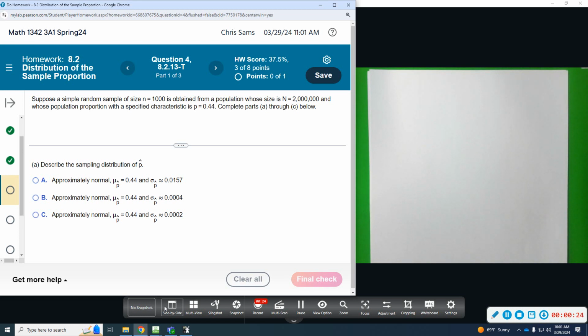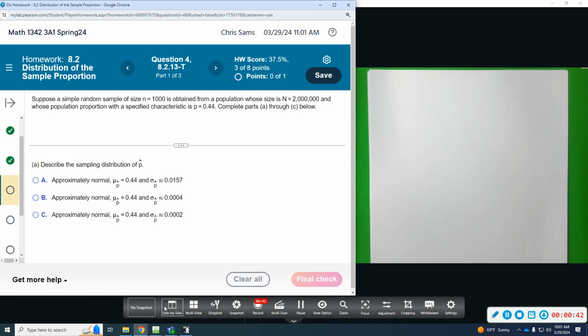And part A wants us to describe the sampling distribution of p hat. If you look at the answer choices, all of them are telling us that it's approximately normal, and we just have to figure out the correct mean and standard deviation.